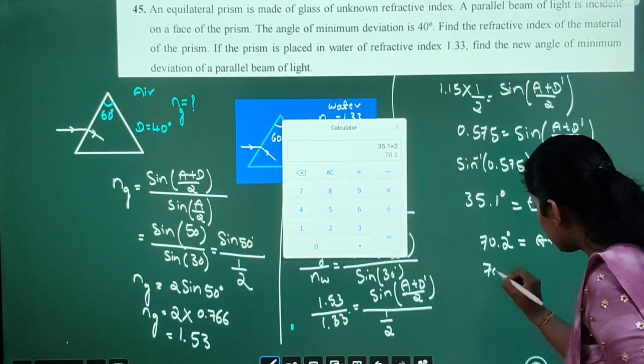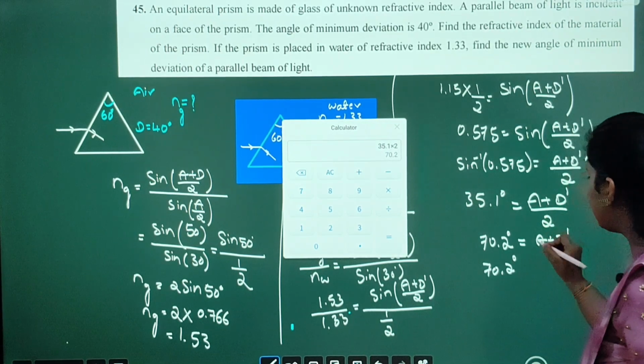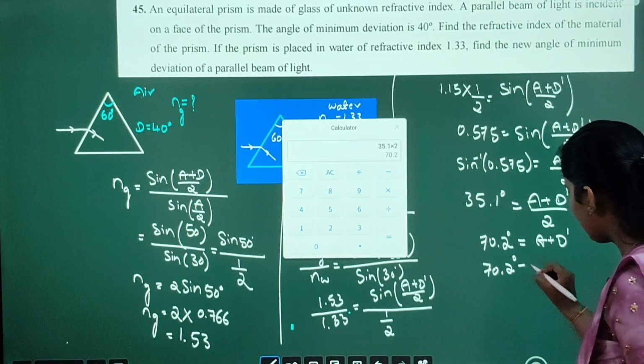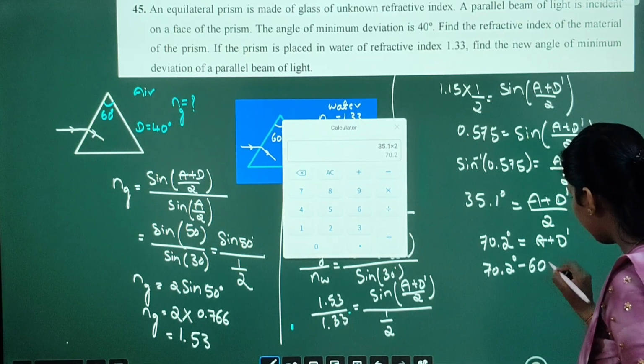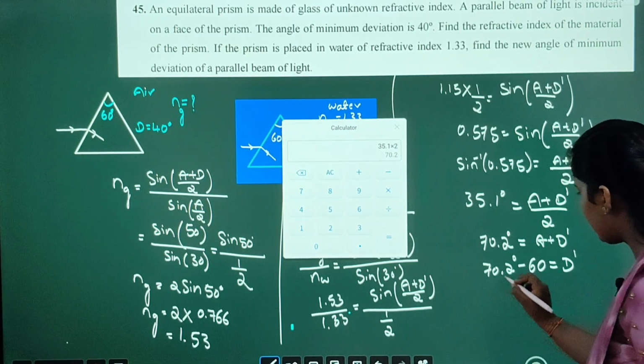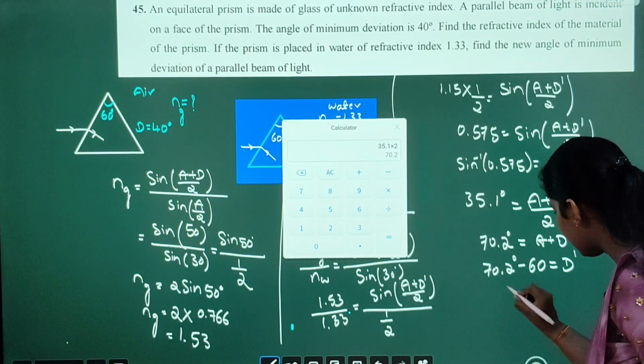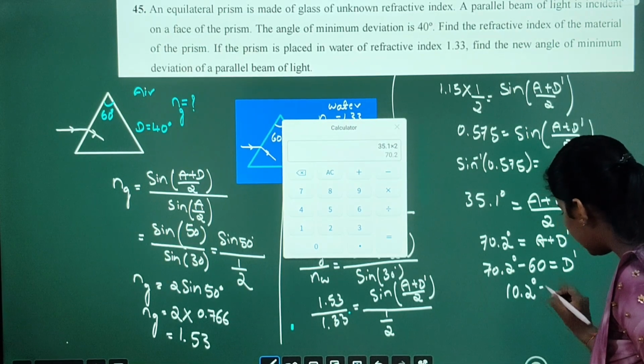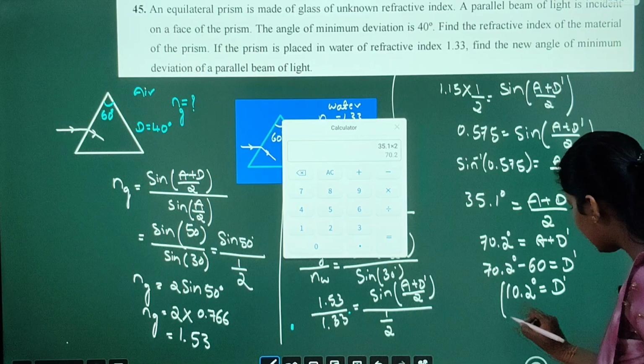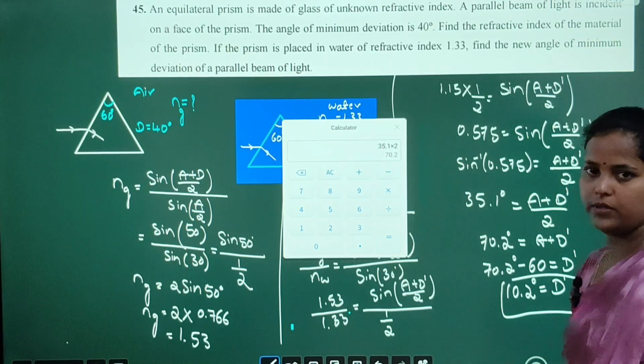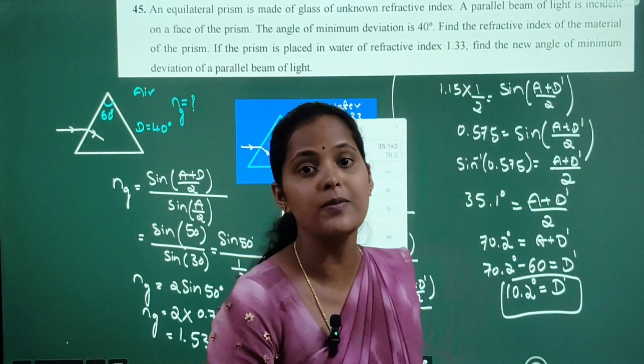Here A is 60, so 70.2 degree minus 60 is equal to D dash. 70.2 degree minus 60 is 10.2 degree. This is the angle of deviation inside of the water, the angle of deviation of the prism inside the water.